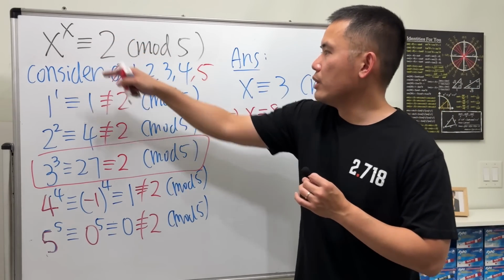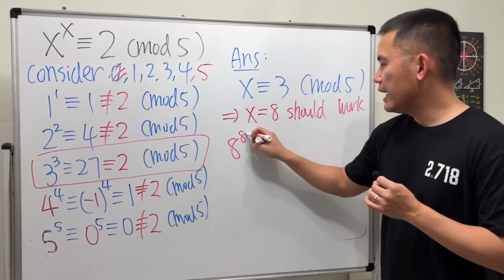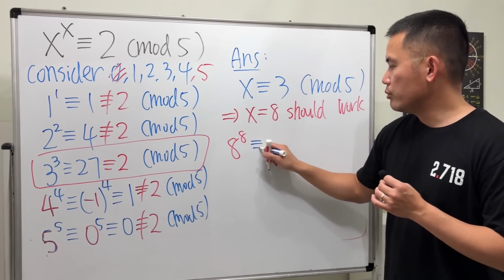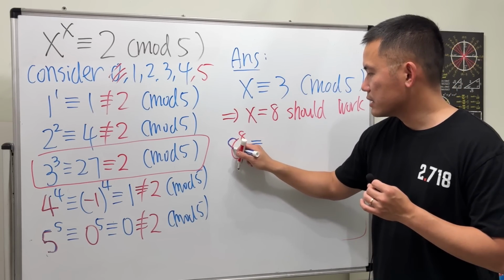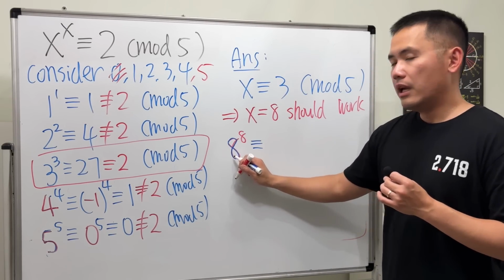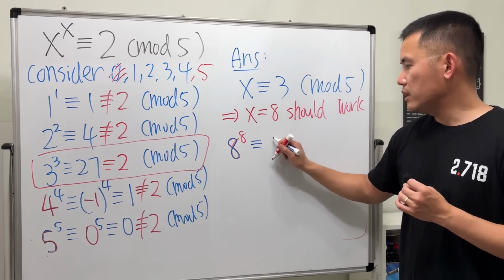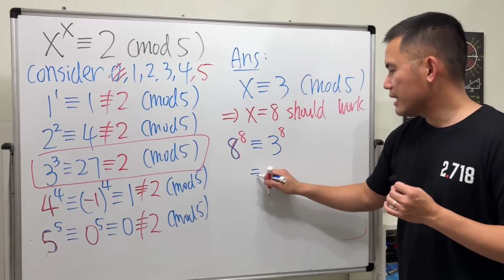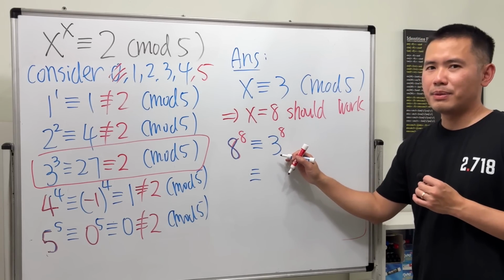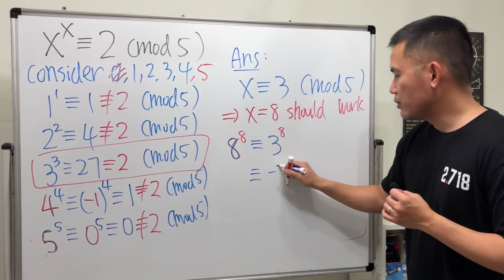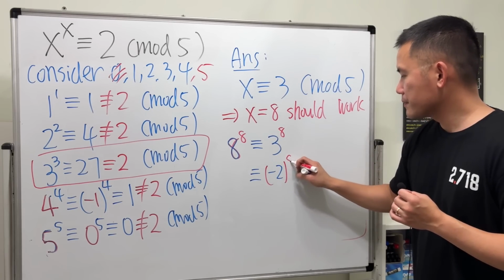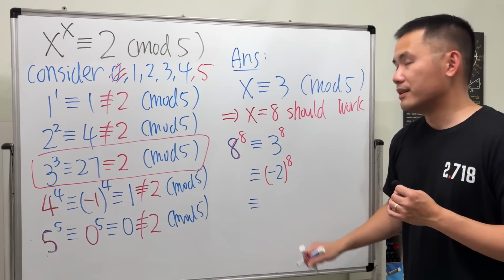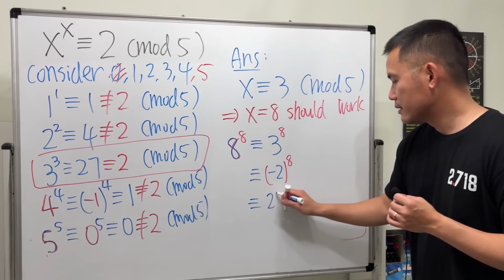Put the 8 into the original, we get 8 to the 8, and then let's just work that out. Remember, we are going to mod the base first. 8 mod 5 is 3, and then we have to raise that to the 8th power. And then I can do this again, because 3 to the 8th power is a little bit too big. If I do -2 to the 8th power, that I remember is 256.